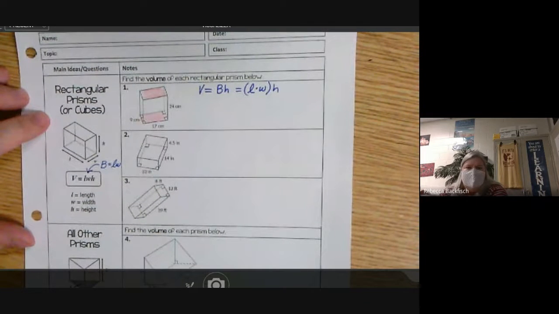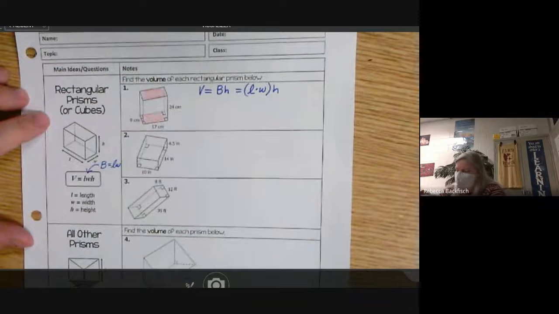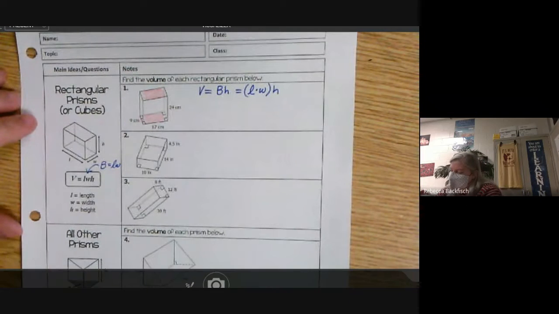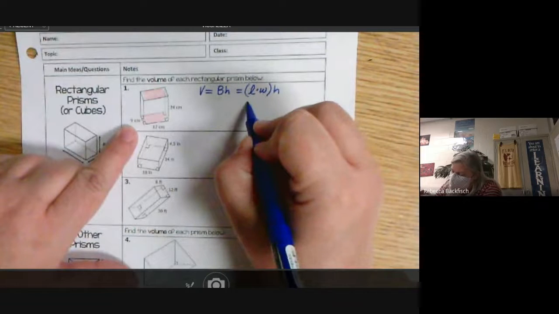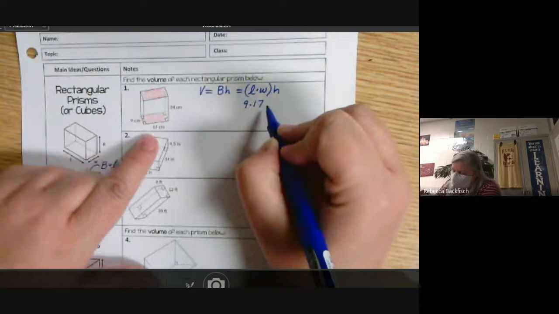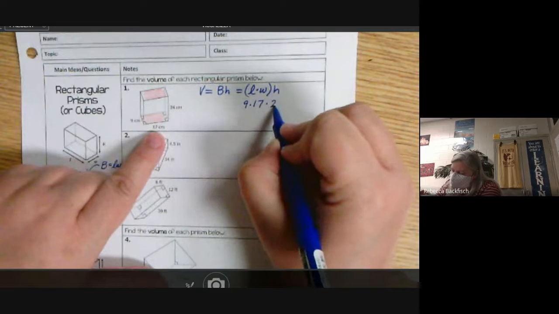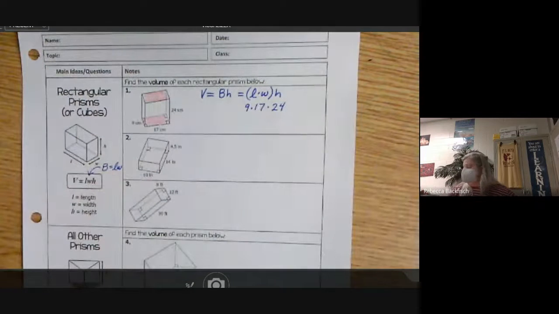And again, for a rectangle, you could have chosen any of the sides across from each other to be the bases. Usually, if we have a top and bottom, we like to choose those just because that's how we think of it. But so length times width is 9 times 17. And then my height is 24. So that's all I got to do.